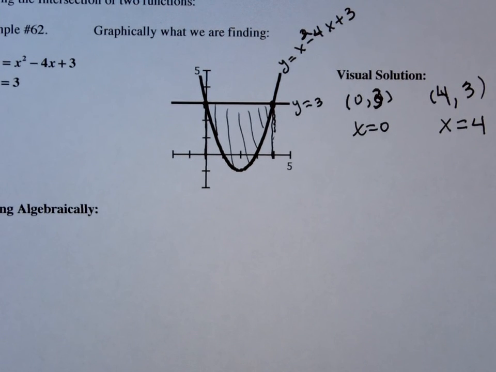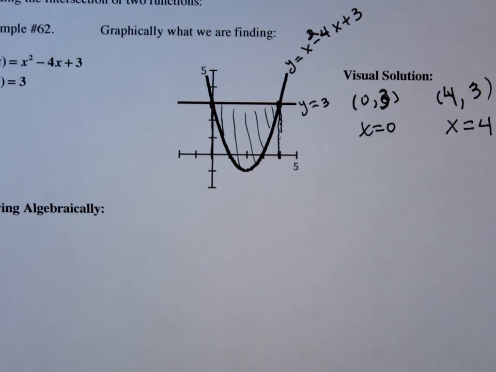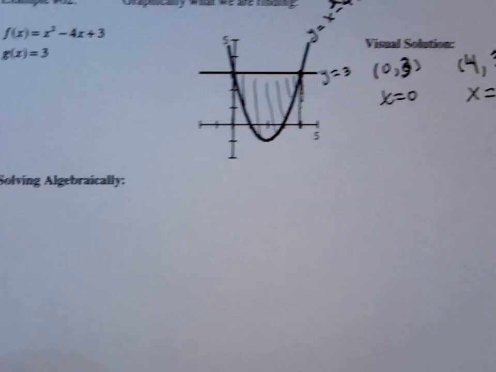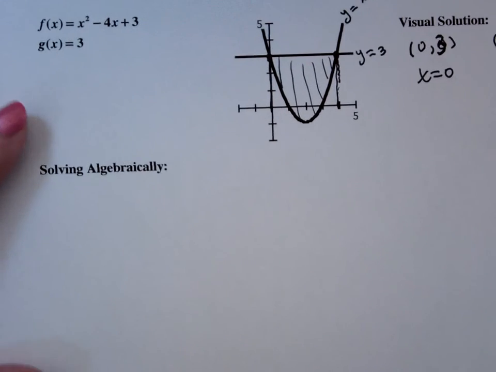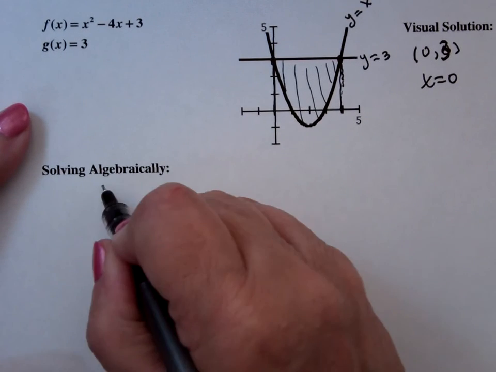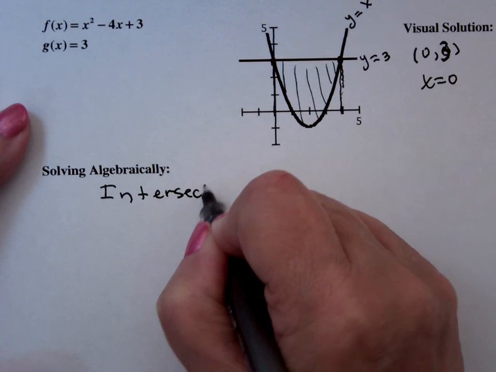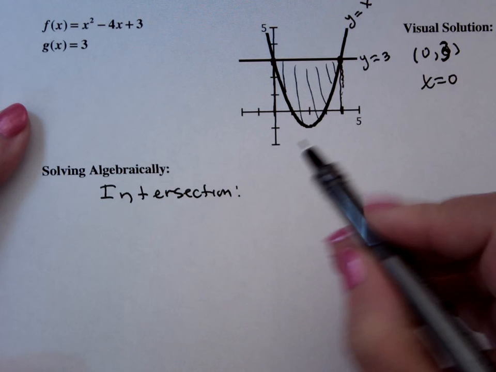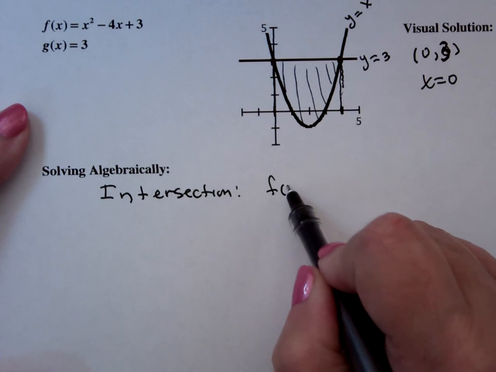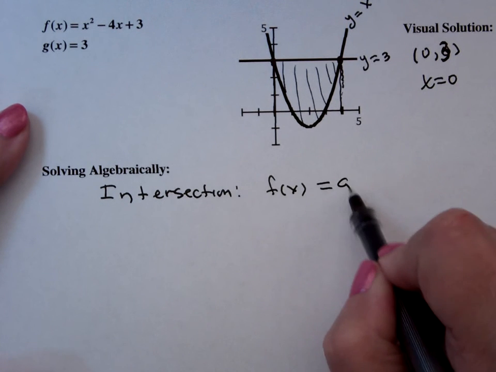99% of the time, you will do a lot of this stuff by substitution, but the way this is going to be phrased is this. If I'm looking for the intersection, what I want is where f of x equals g of x.